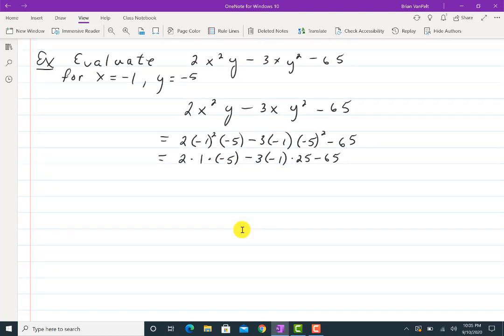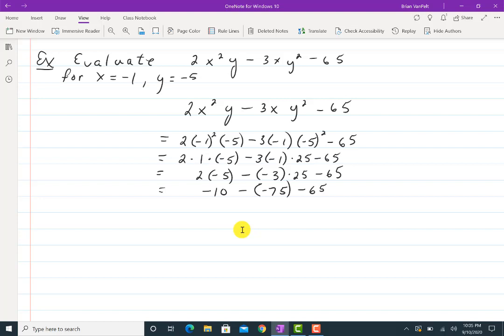Now I have a series of subtractions and multiplications, so I'll do the multiplications first. 2 times 1 is 2. 3 times -1 is -3. 2 times -5 is -10. -3 times 25 is -75.